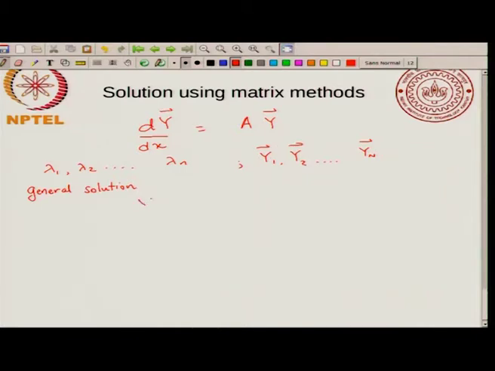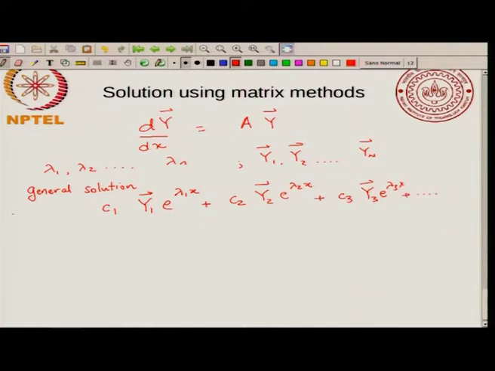So, each term will look like y1 e to the lambda 1 x times c1 plus c2 times y2 e to the lambda 2 x plus c3 times y3 e to the lambda 3 x and so on.